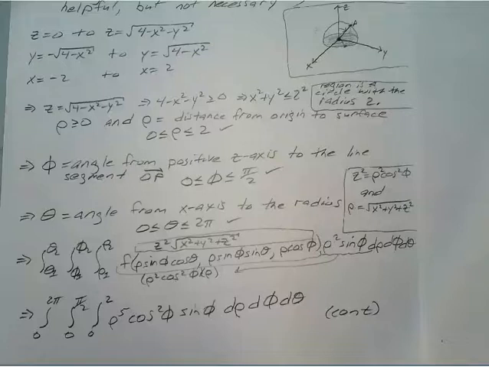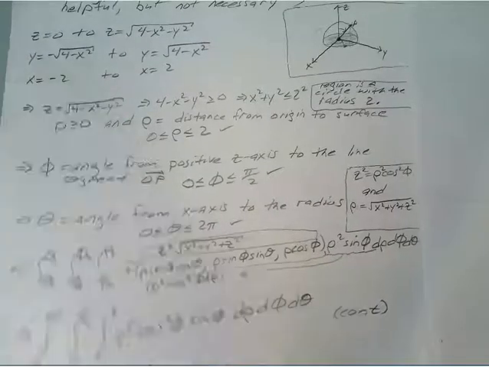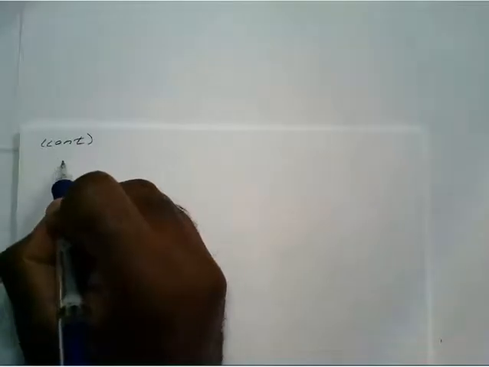All right, so if you're still writing, feel free to press pause, but we're going to go ahead and finish solving it on the next page. All right, let me write down where we left off.